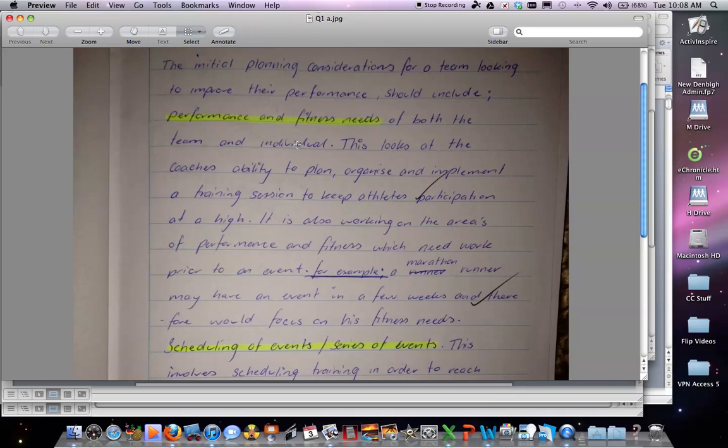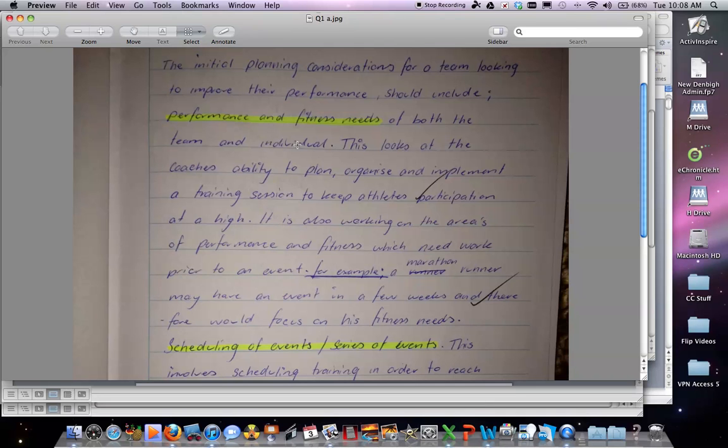So if we looked at analysis of the components of fitness that are used in that particular sport, then you would be able to make a judgment here of what those particular fitness needs and performance needs are. Once those judgments are made, then you can tailor your training towards that, ensuring that the athletes are prepared.